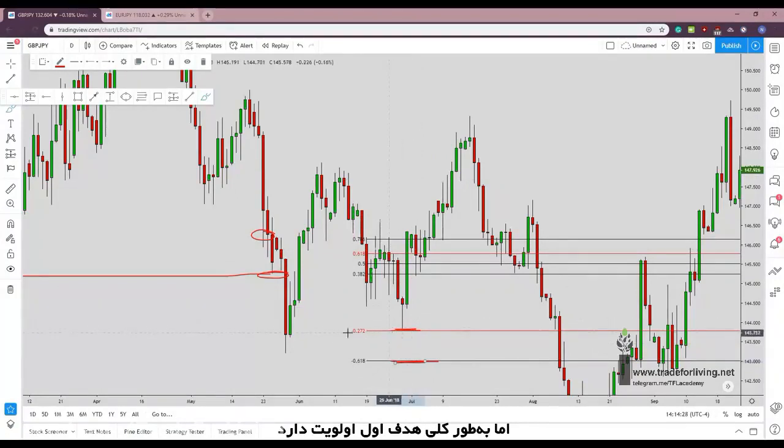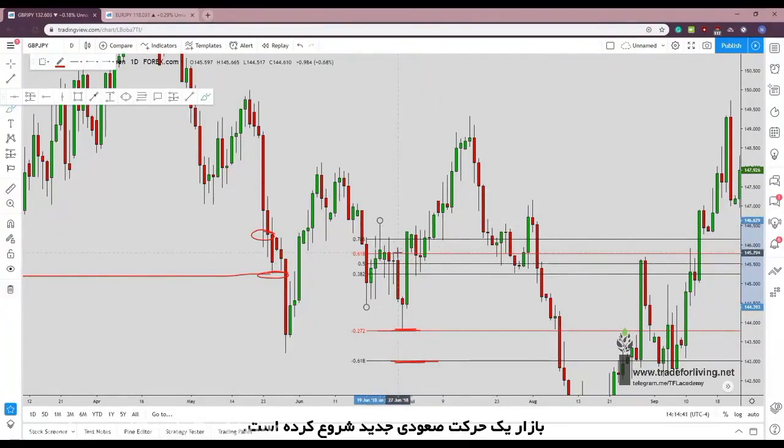But overall target 1, and it's the reason for which it is in red, will be at the minus 27 of the previous leg, because it is the first support or resistance area that the market will encounter when it starts the new impulse.